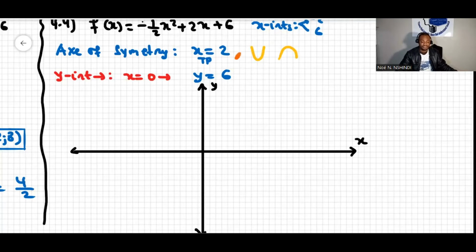If a is positive, then it has a U-shape, sometimes called a smiley face. And if a is negative, less than 0, then it has an inverted U-shape, called a sad face. So in this situation, I already know that my parabola must be an inverted U-shape.